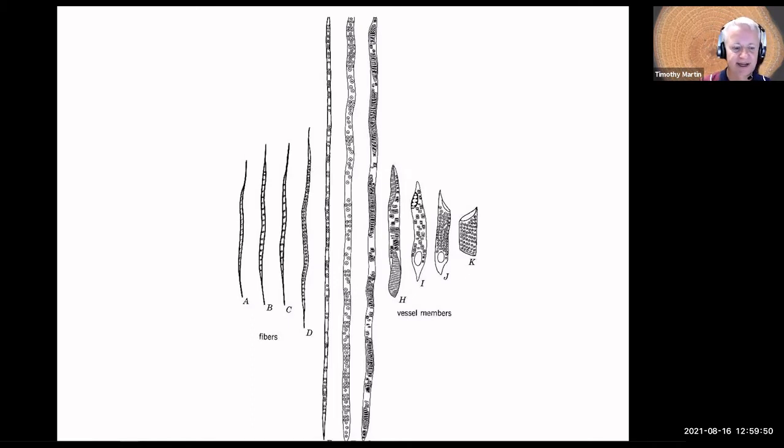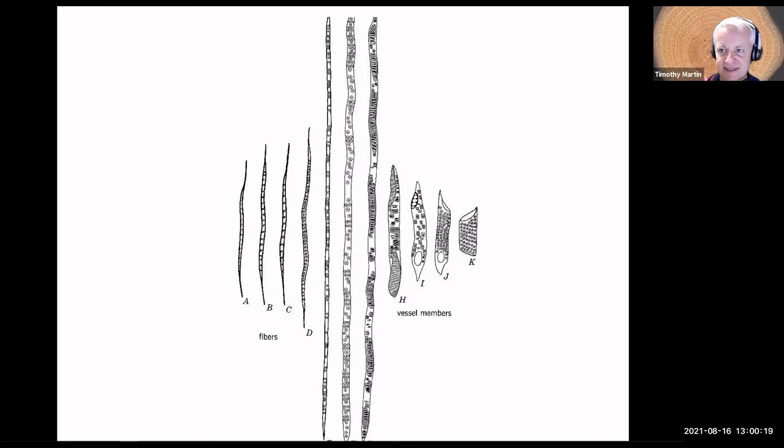So let's talk a little bit about the evolution of vessel members and fibers. Again, conifers are older evolutionarily than angiosperms. So in conifers or gymnosperms, tracheids have to perform both the mechanical support and the water transport function.